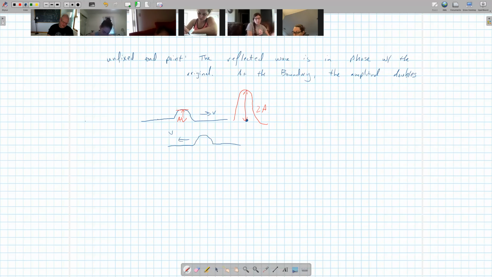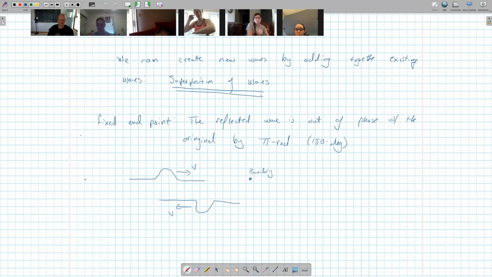So to understand why this is true, we're going to use this idea of superposition. Superposition says that we can construct a new wave by adding two pre-existing waves together. So let's go back to the first case, the fixed endpoint.